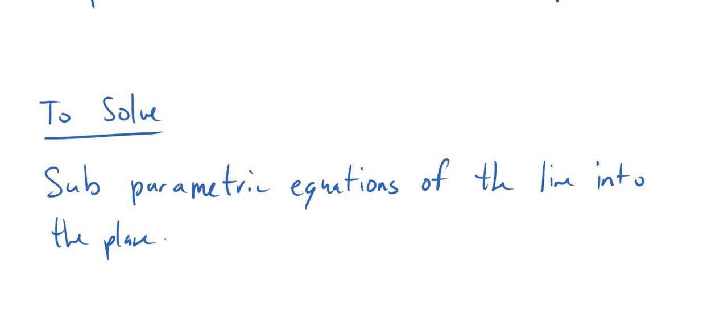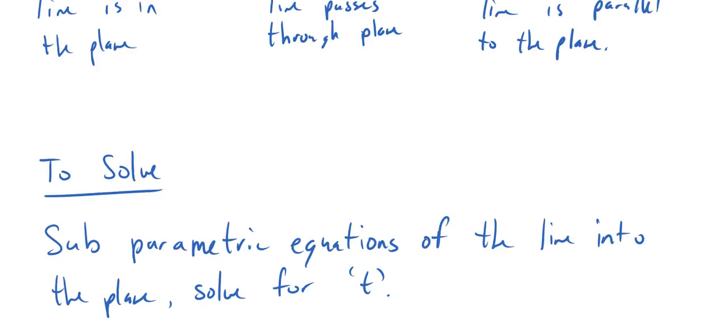We sub the parametric equations of the line into the plane and solve for t, assuming t was used for the parametric form. Does that make sense? We don't have to use t in the parametric form. It's just the standard that we often use.